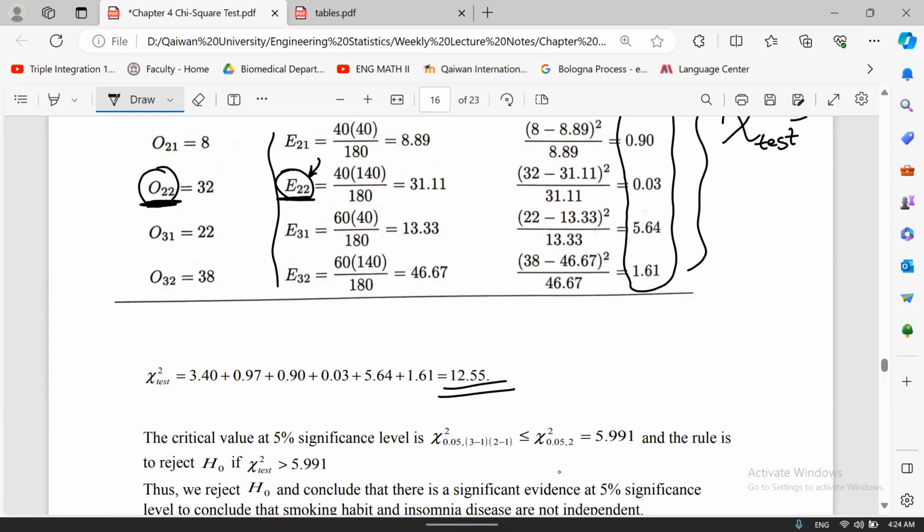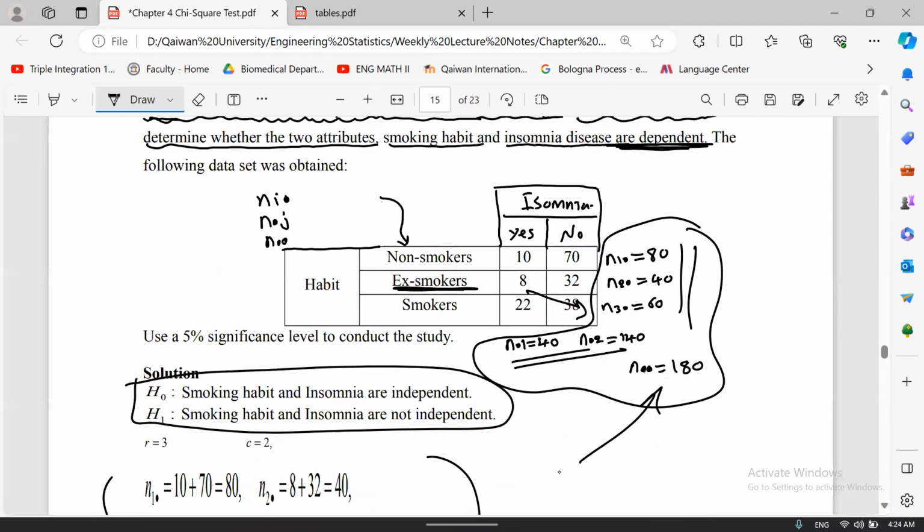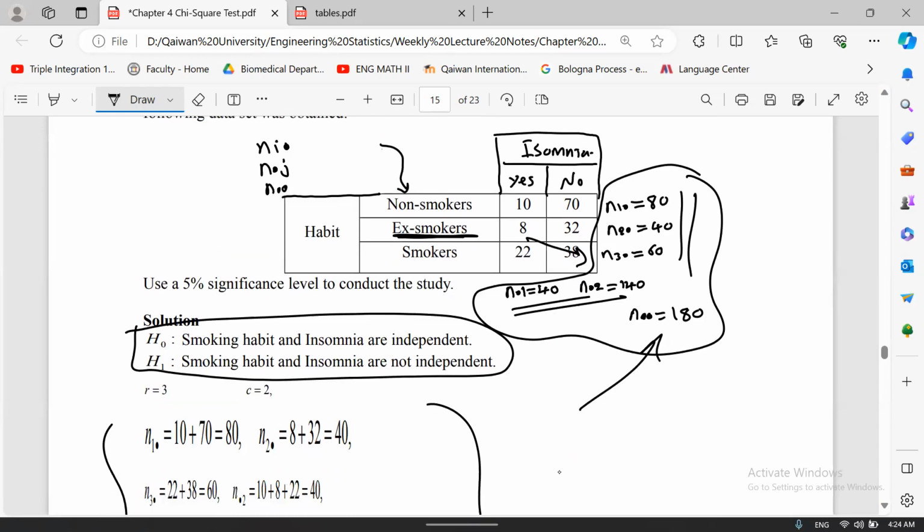For which components, how many rows and how many columns do you have here? Little r is the number of rows. R is 3. We have 3 rows. What's the number of columns? 2.